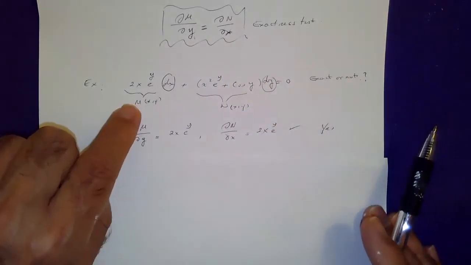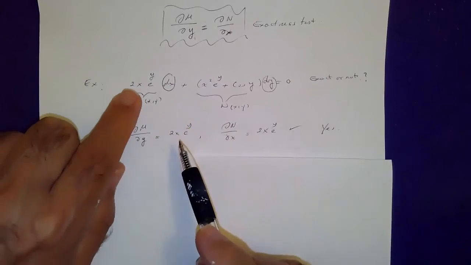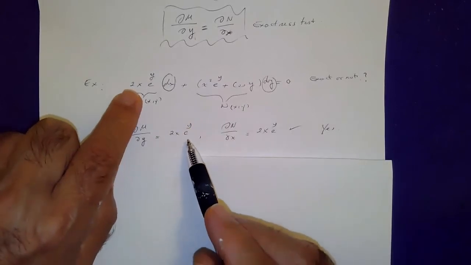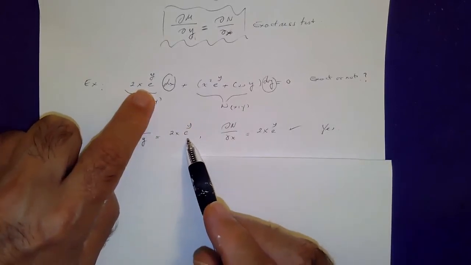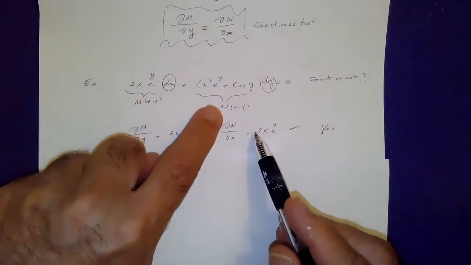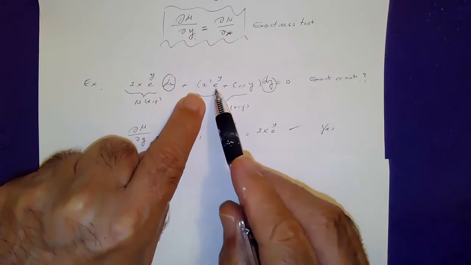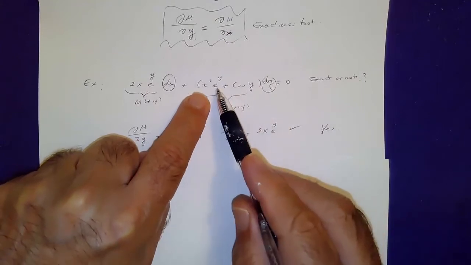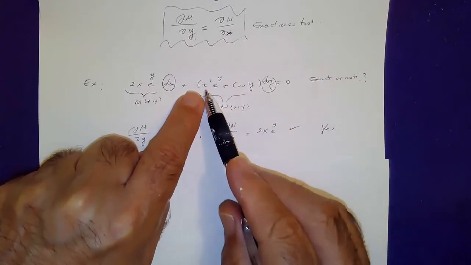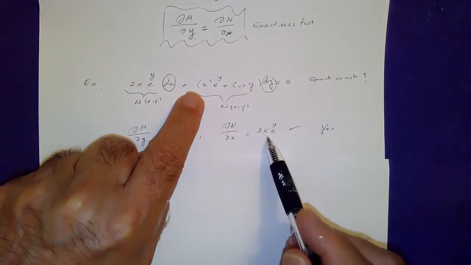Partial derivative of M with respect to y: notice that 2x is constant, so the derivative of e to the y is e to the y. Partial derivative of N with respect to x: e to the y is constant, so that goes to the right, but the derivative of x squared is 2x.